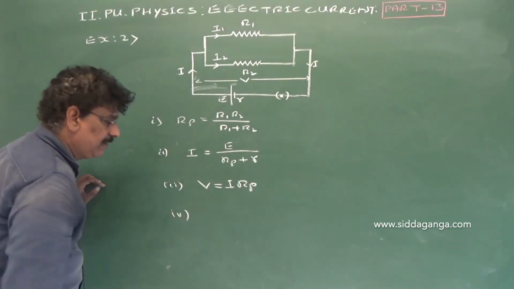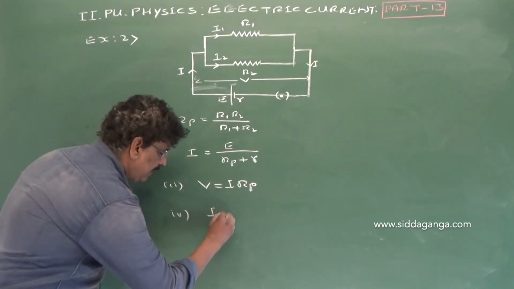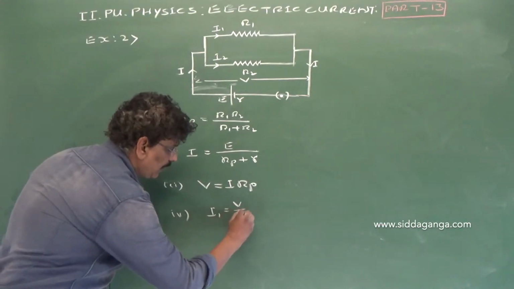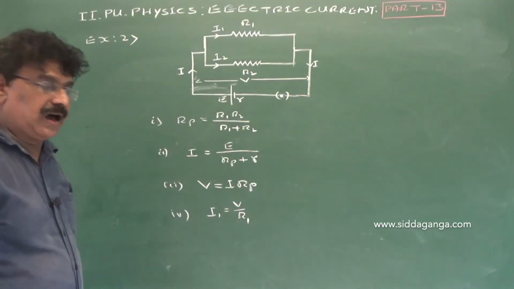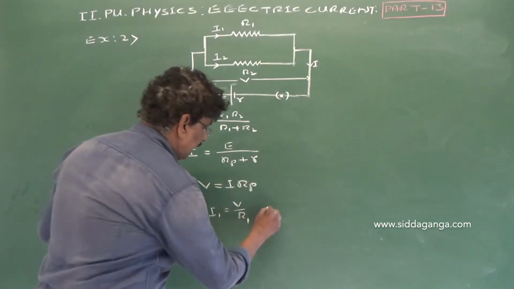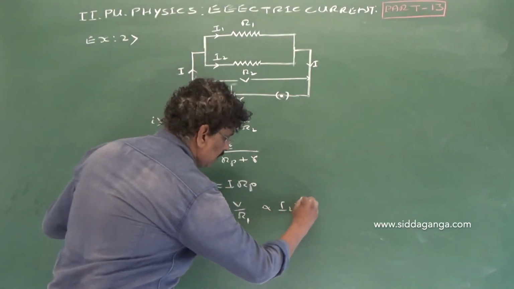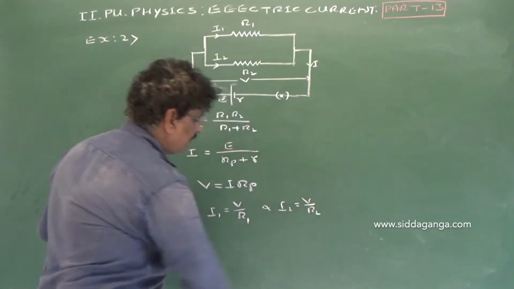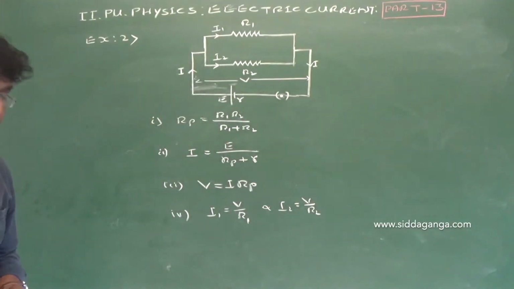Fourth one, we have I1 equal to V by R1 and I2 equal to V by R2. So we can calculate the currents.